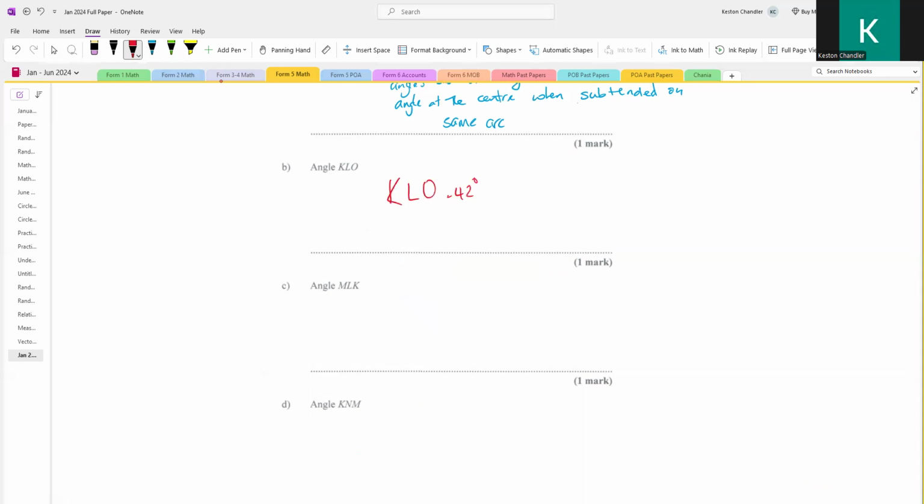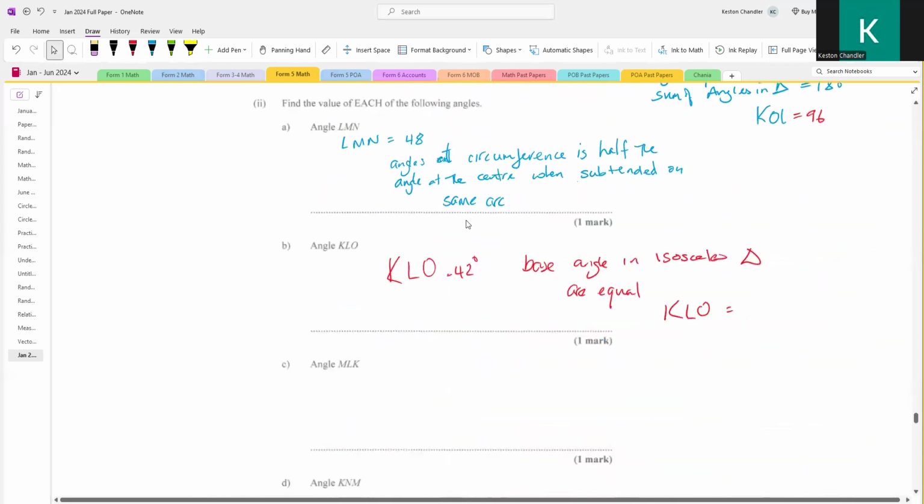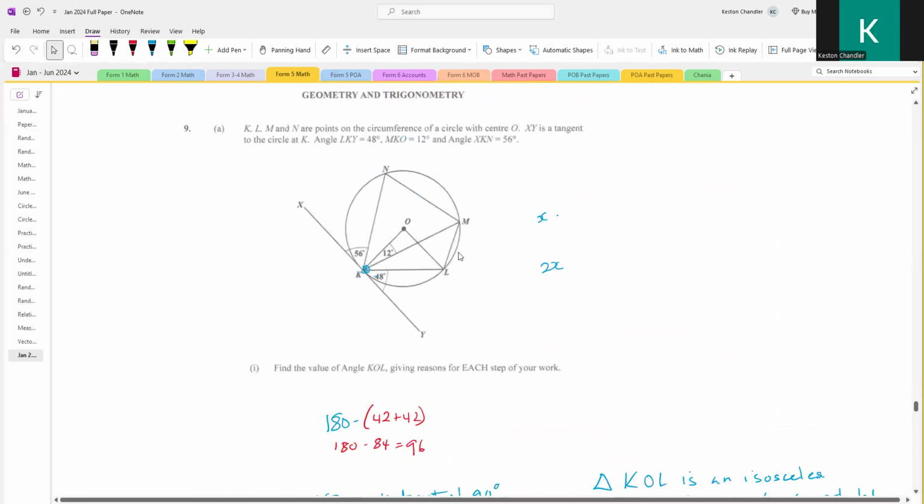Right, this angle in an isosceles triangle, KLO is equal to OKL.